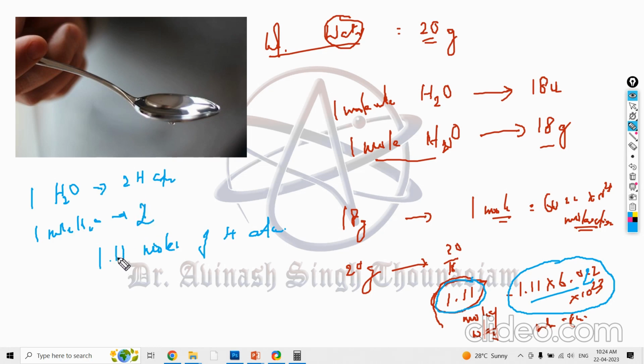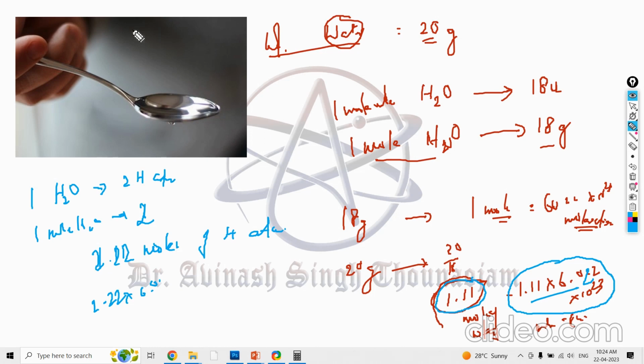1.11 moles of water will contain 2.22 moles of hydrogen atoms, which means it will contain 2.22 into 6.022 into 10 raised to 23 atoms of hydrogen. So now we have the final answer.